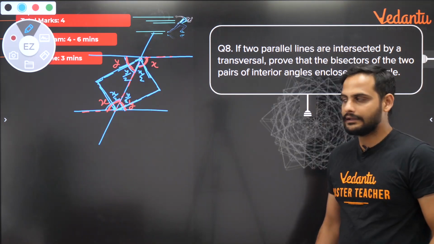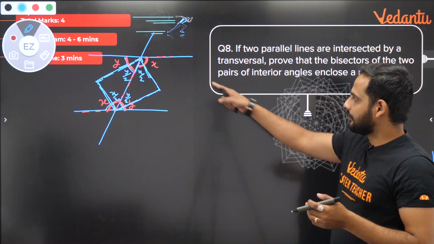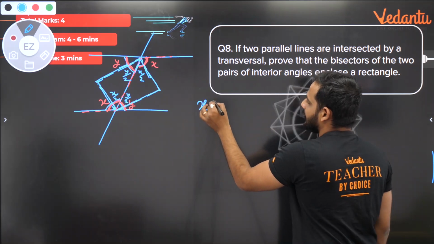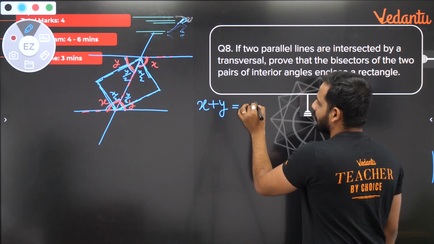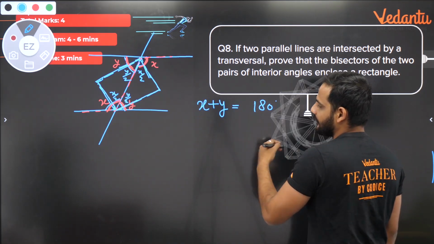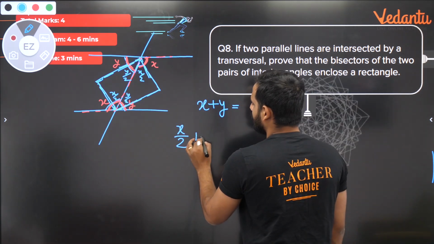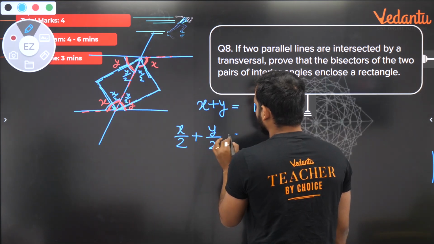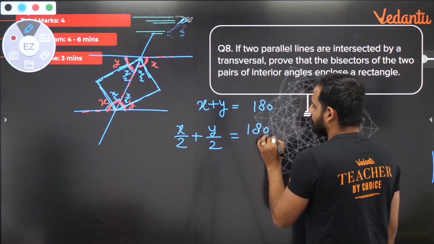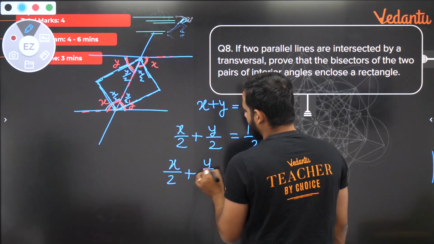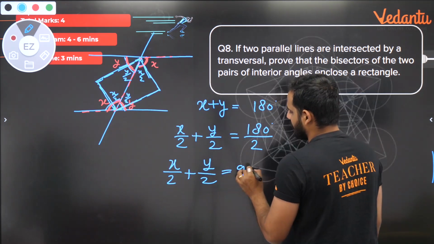Correct? Right? Now I know bachcho that since these are a pair of interior consecutive angles, x plus y is equal to 180 degree. Let us say divide by 2 on both the sides, so you will be getting x by 2 plus y by 2 is equal to 180 by 2. So from here we have got that the sum of x by 2 plus y by 2 is equal to 90 degree.